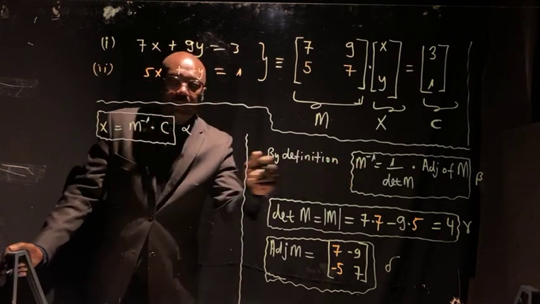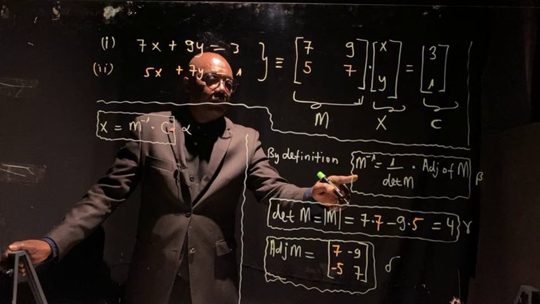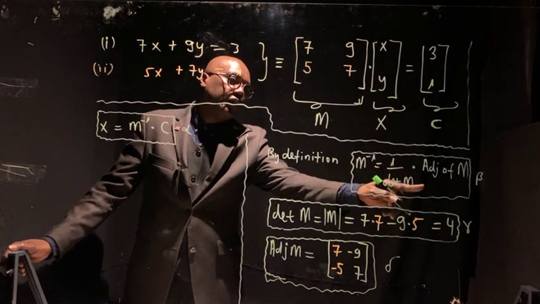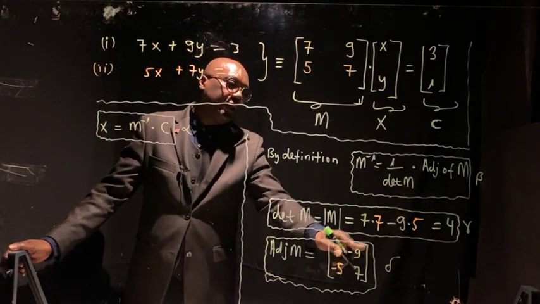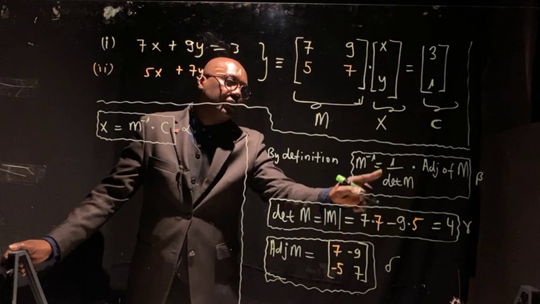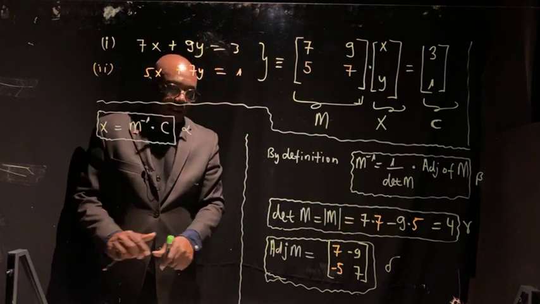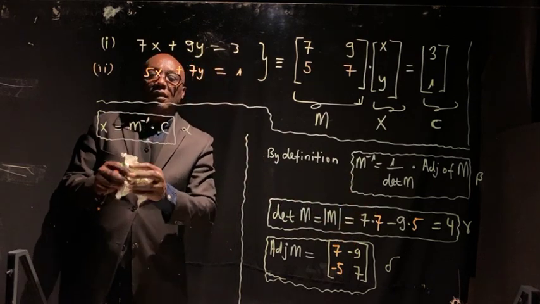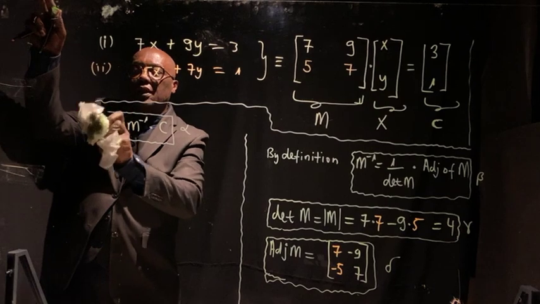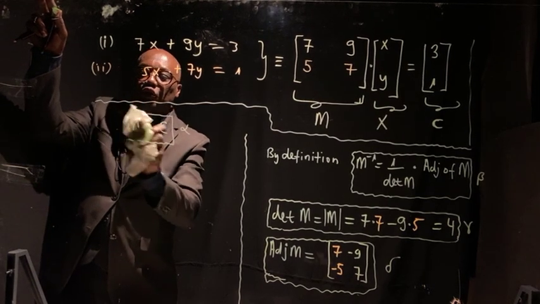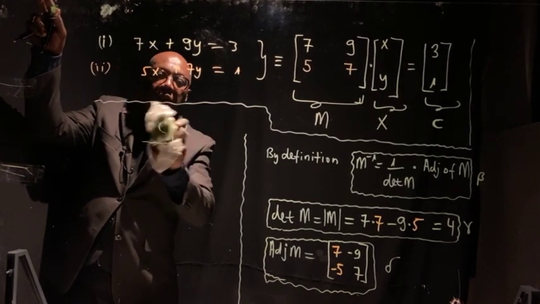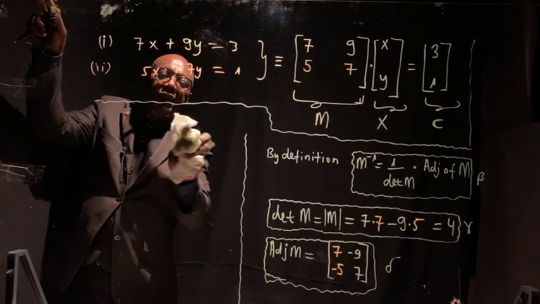The inverse of the matrix M is this equation. So we are going to put equation gamma and delta back into this equation. But because I need a board, we will need this later on.